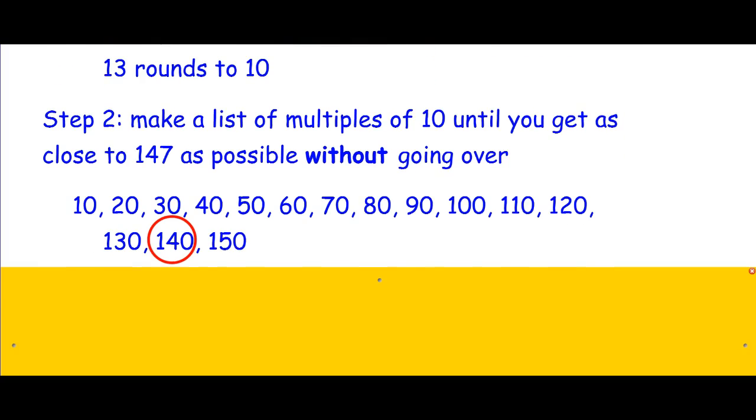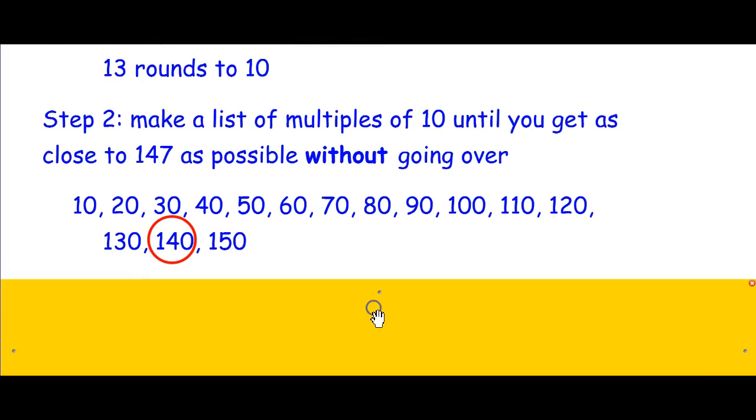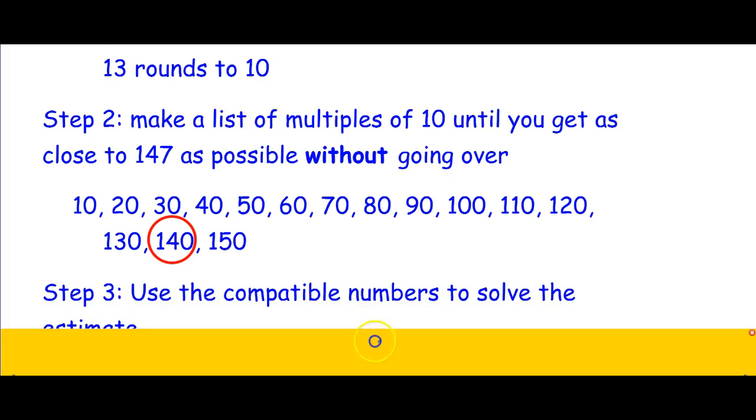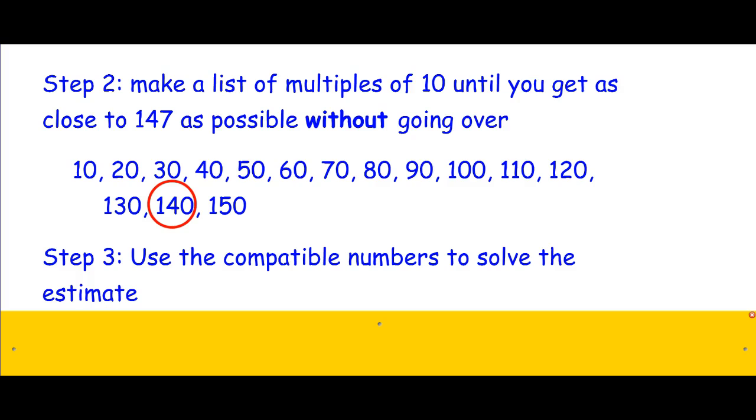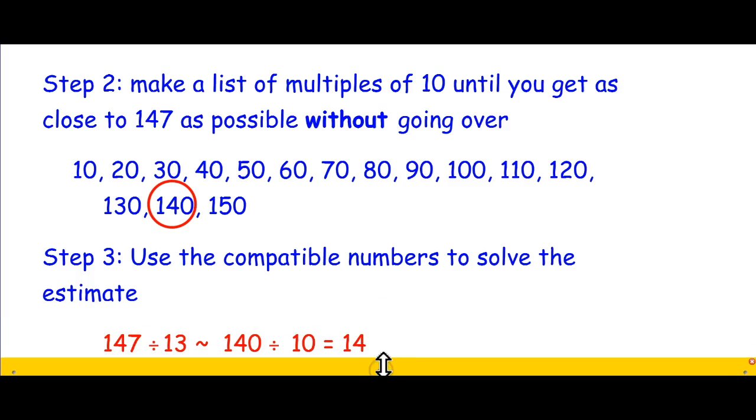Now, once you have your closest multiple without going over, you're going to set up the problem. And your new problem looks like 140 divided by 10. So, remembering one of our skills from our last unit, we're going to box the fact, 14 divided by 1, and our new skill from this unit, which is canceling out those zeros.